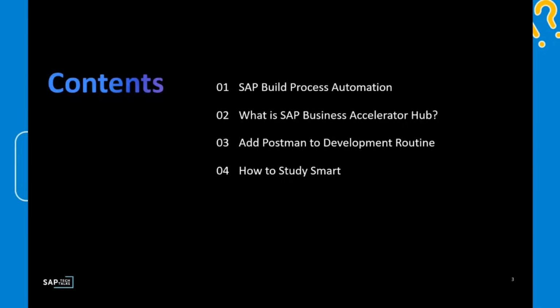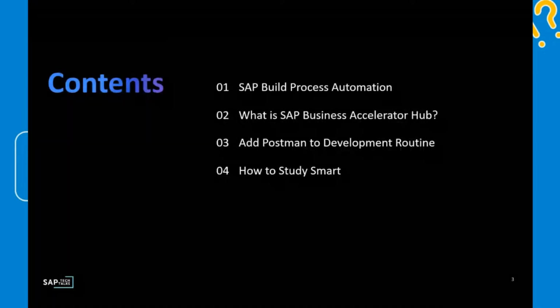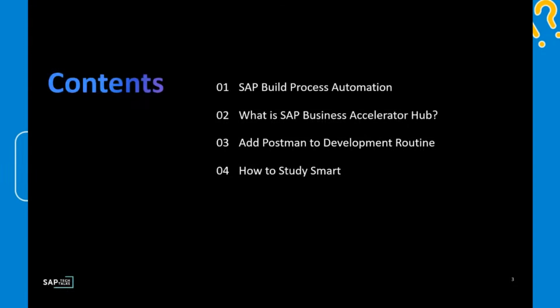Then we will deep dive into SAP Business Accelerator Hub and how this resource can be useful for you. Also, I want to show you my Postman configurations, which saves me time every day. And at the end, I will share with you resources with the most useful and up-to-date information to study, to check some information, or to find something interesting for you.